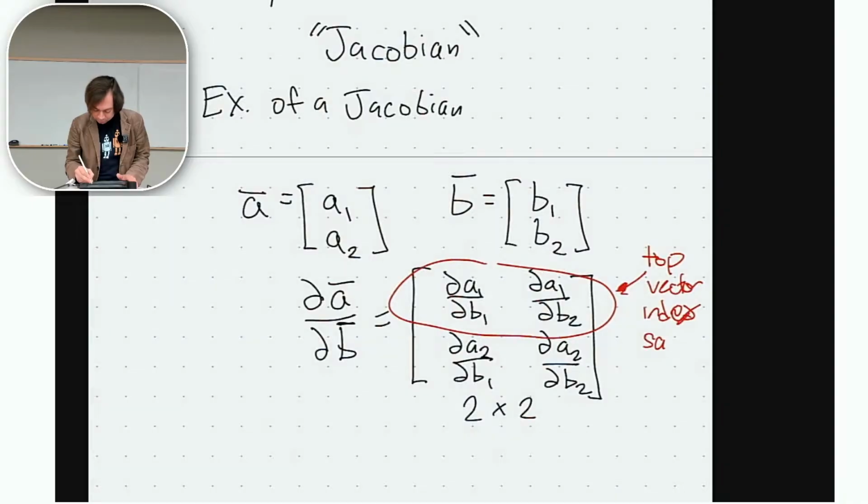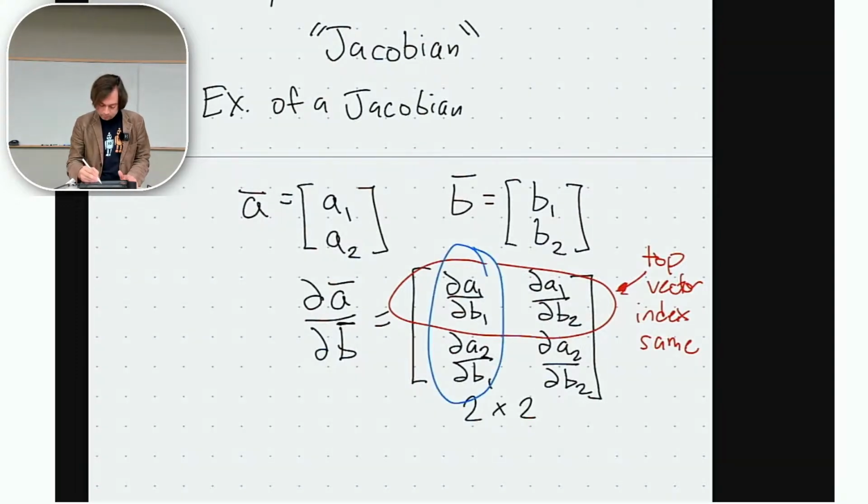Gosh, I look like I'm a 3-year-old writing this, excuse me. Okay. And then for every column, you'll notice the bottoms are the same. Here's B1, B1. Here's B2, B2.